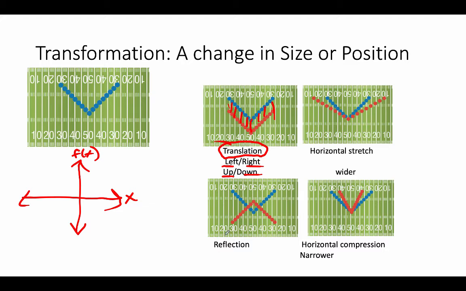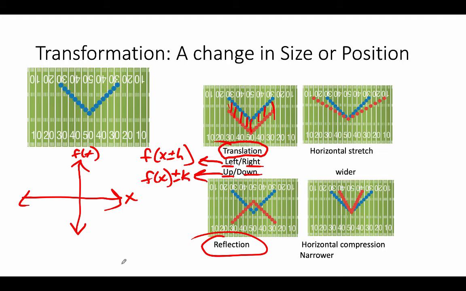Okay. Reflections over the x-axis usually have to do with when we multiply by a negative. If I was talking about left or right, I would add or subtract some value h to just the x value. Up or down means I add or subtract some value k to the entire function. We'll look at some examples of this.